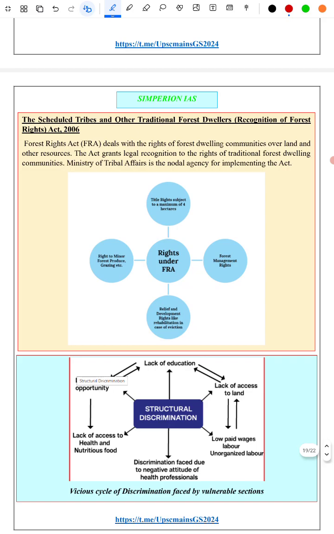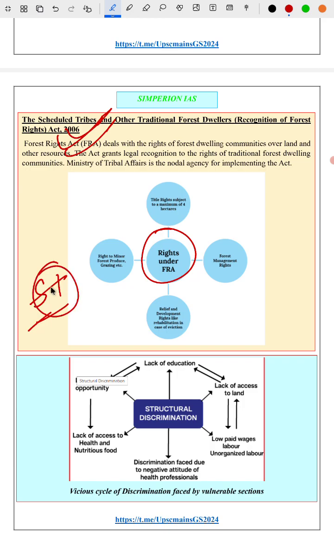Next, we have covered another important topic, FRA, that is the Scheduled Tribes and Other Forest Dwellers Recognition of Forest Rights Act 2006. We have given one pictorial diagram to represent it. Next, we have given another diagram to represent the vicious cycle of discrimination faced by vulnerable sections. It is not only related to SCs, STs, but any section, LGBTQ+. It is a general point.